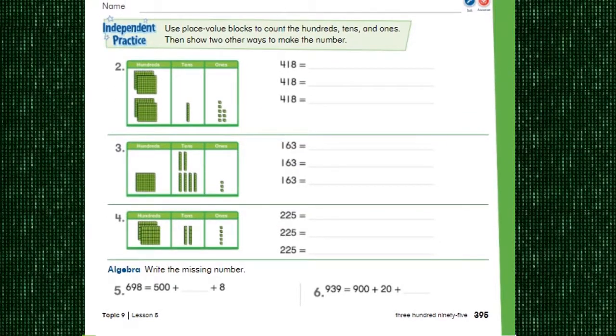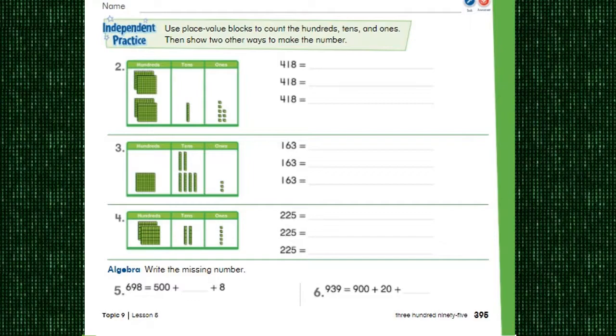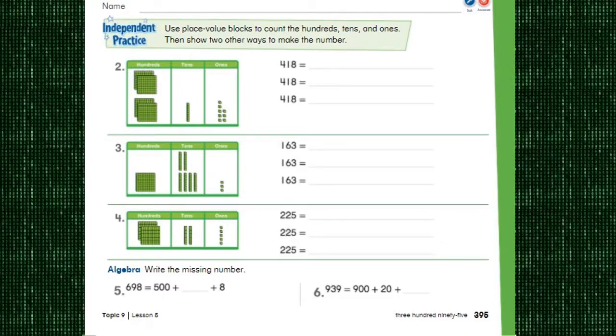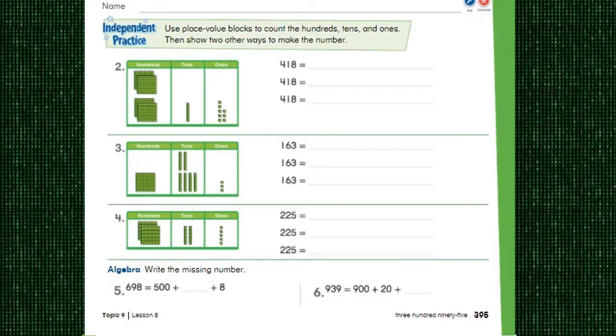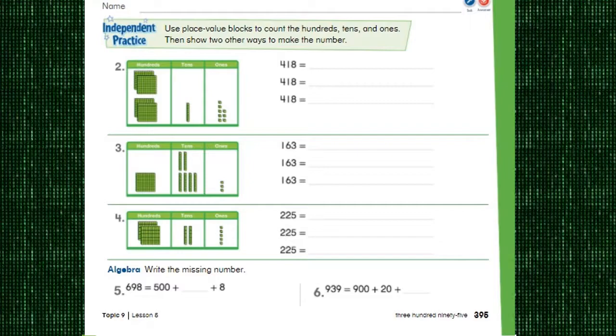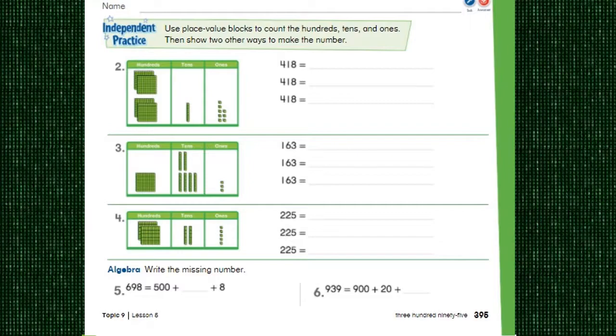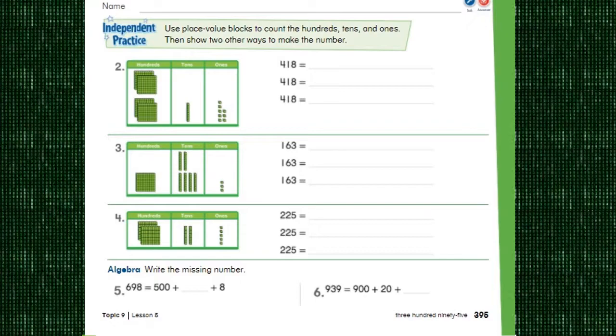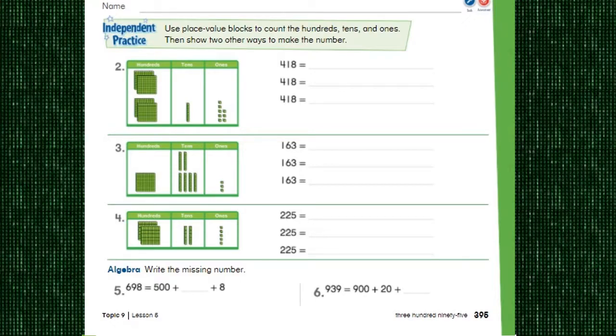Okay, so that's what you're doing here for page 395. Now you might not have enough unit blocks to try different combinations, so you might need to draw on a separate piece of paper. Watch out for numbers 5 and 6. Oh, there's that word again, algebra. I'm going to talk to you about that word one day, I promise.